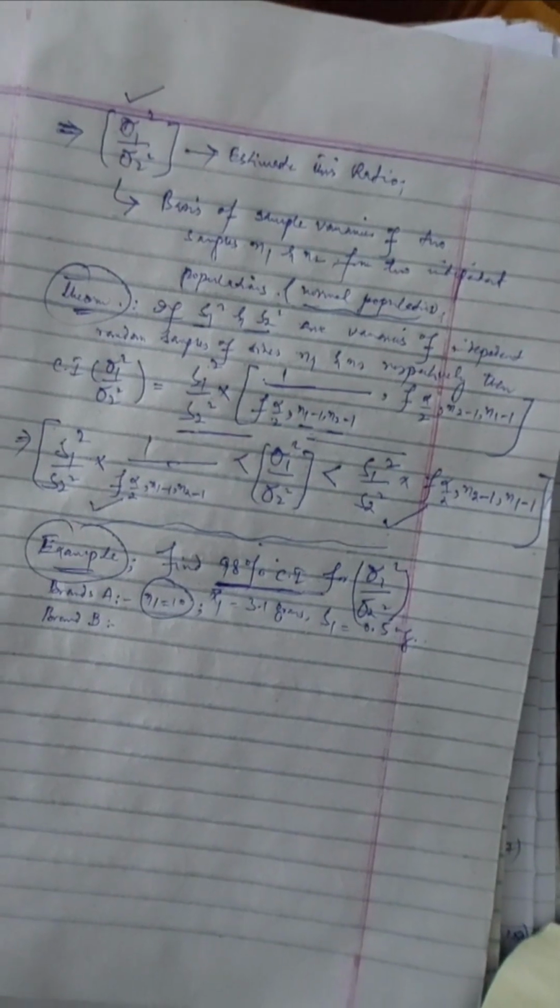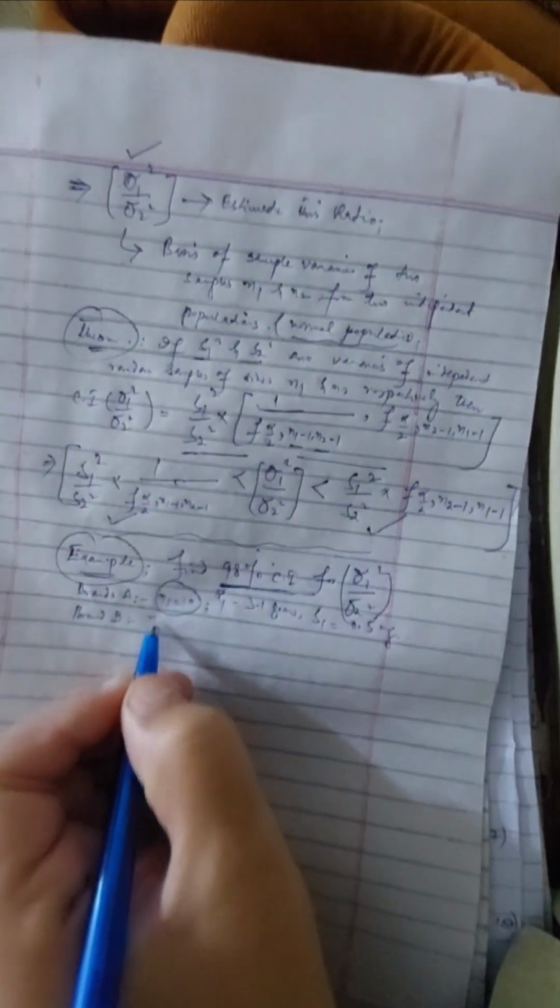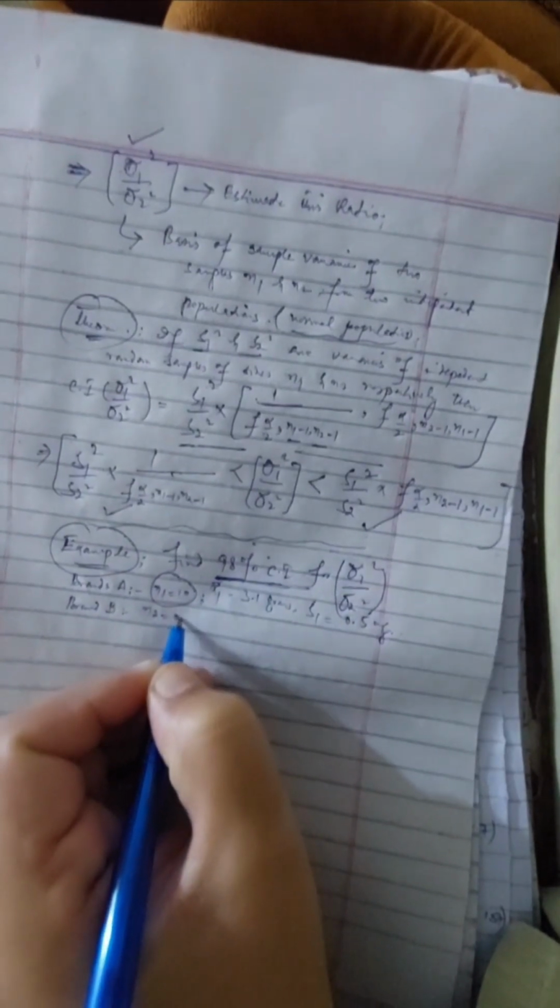Now let's get the data for the second brand. We have 8 cigarettes of brand B, so n2 is equal to 8.